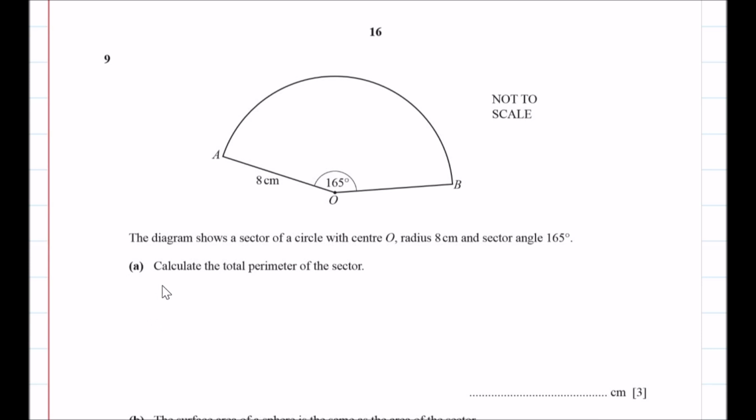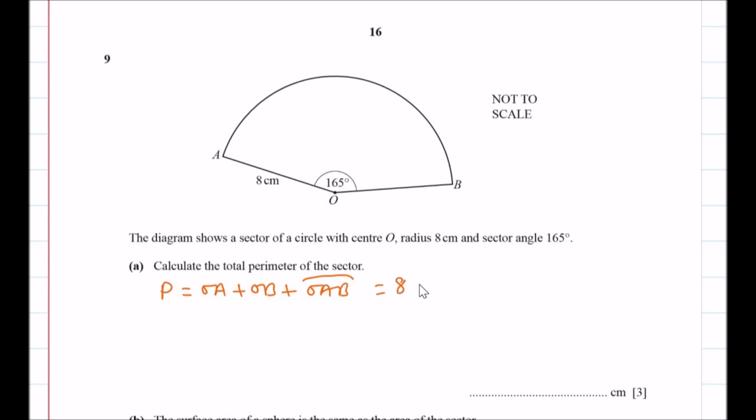So perimeter is equal to OA plus OB plus arc OAB. OAB arc, so we have to show like this.